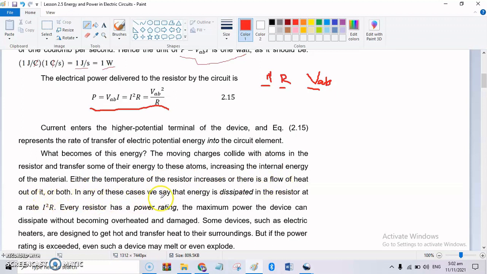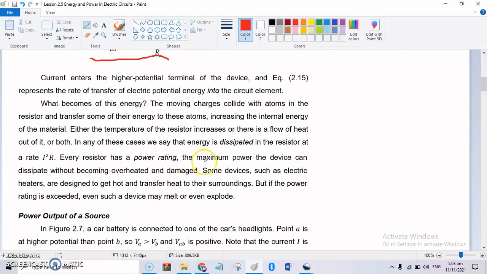In any of these cases, we say that energy is dissipated in the resistor at a rate I squared times R. Every resistor has a power rating, the maximum power the device can dissipate without becoming overheated and damaged.